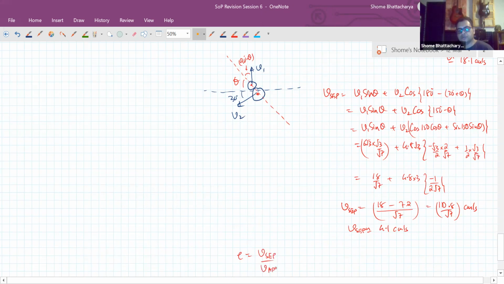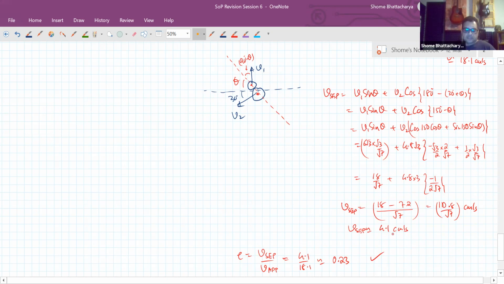becomes approximately like this. So this is the coefficient of restitution.